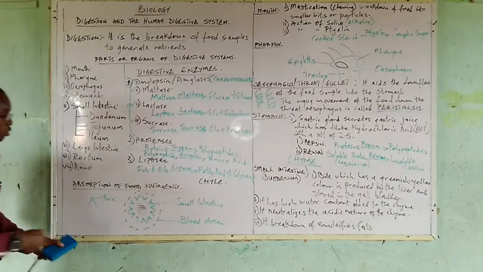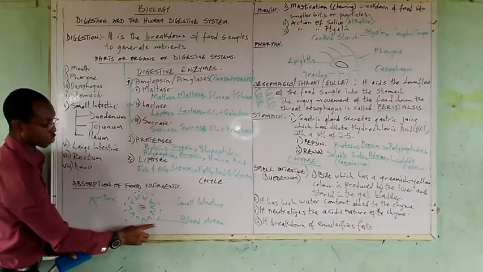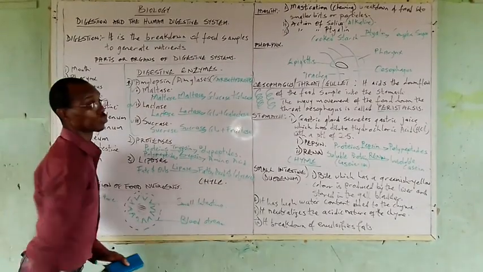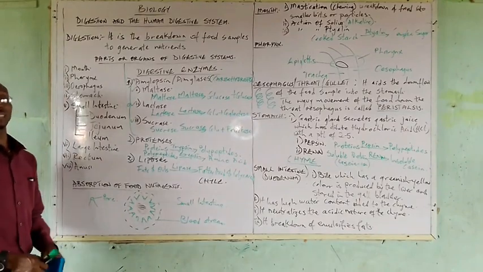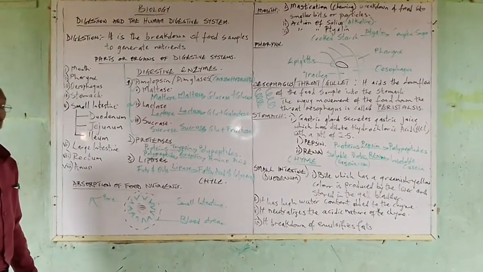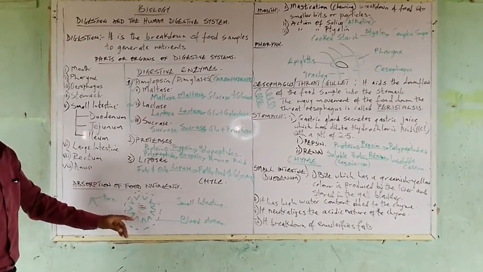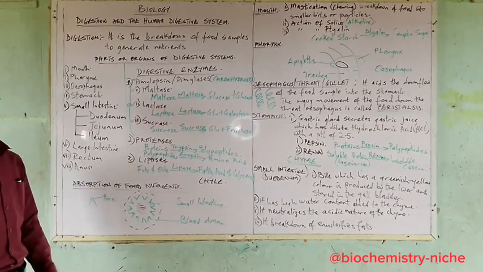So we now have the nutrient from inside the small intestine filtered out into the bloodstream, and then the blood takes them to the surrounding organs that are deficient of these nutrients, and it helps to replenish the nutrients in those organs. And now, whatever is left inside this place here is what is referred to as the residue, the waste of digestion.